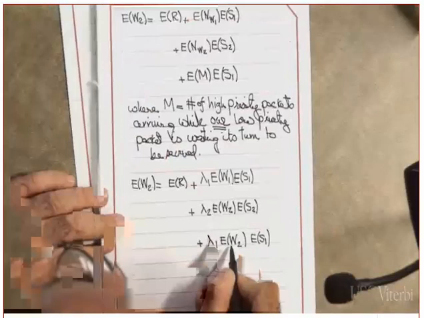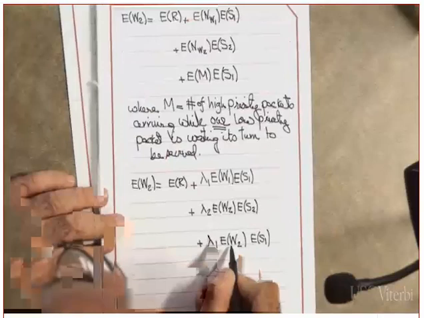Now, in the general case, we have K priority classes. What is E of WK? I want you to see this equation. How many priority classes did we have here? Two priority classes.